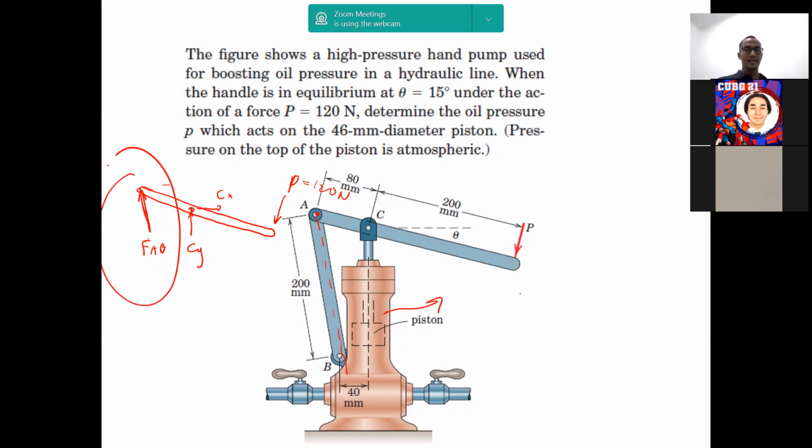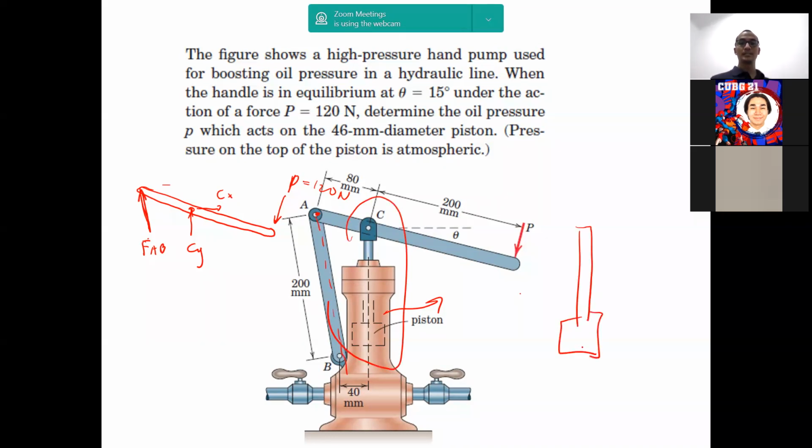And the other thing, we have decided as well that the rod C to the piston is not a two-force member because there is a moment happening at the cylinder wall to the piston at the end.